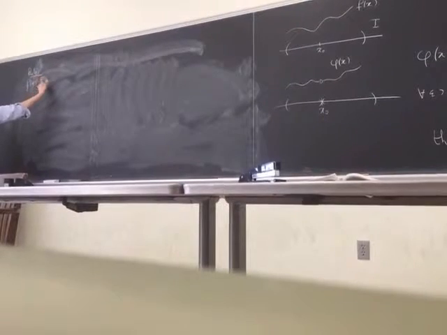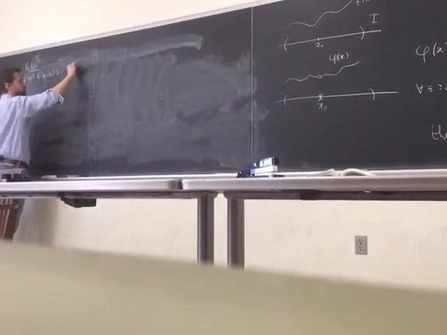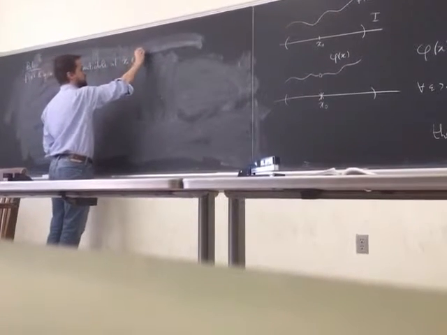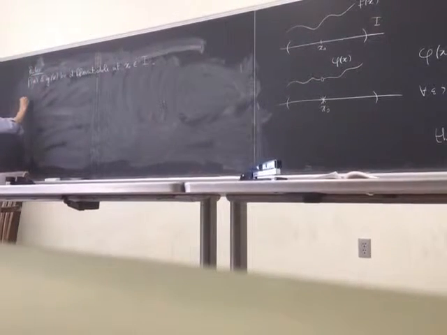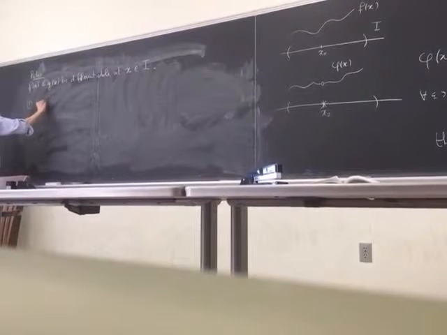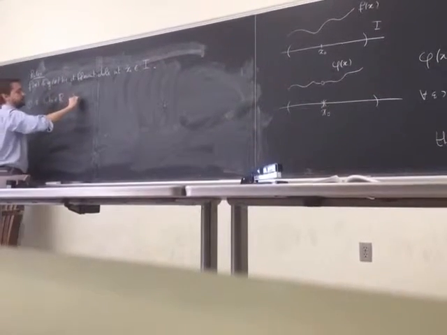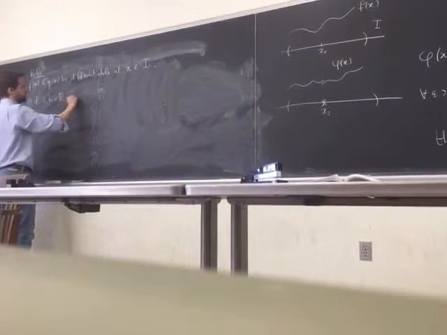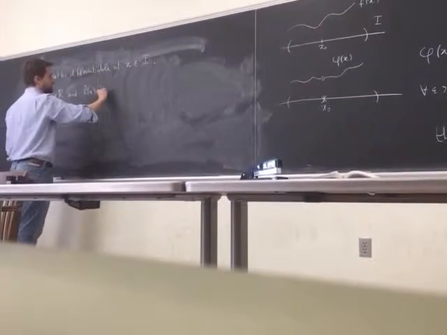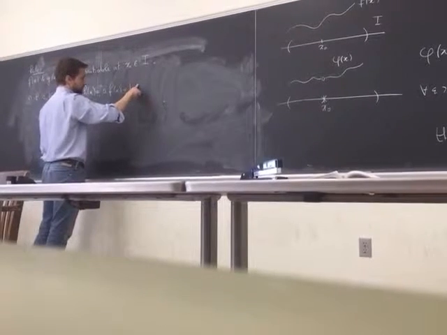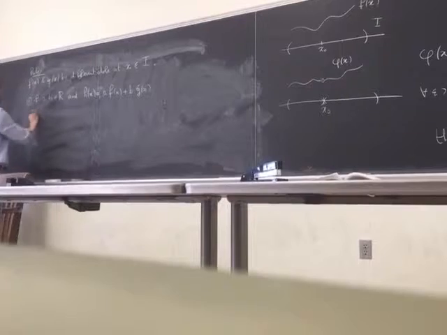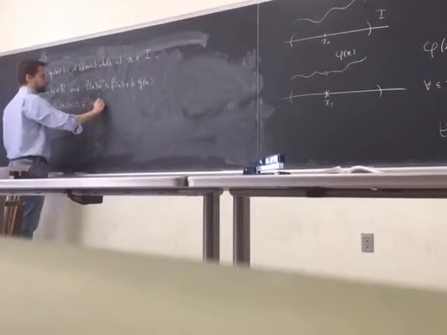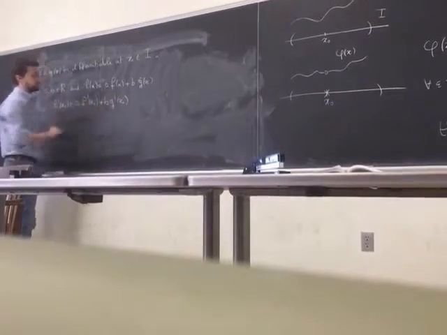Let f of x and g of x be differentiable at a point x naught inside some interval I. Okay, so rule number one: if A and B are real numbers, and you define a new function h of x by taking A times f of x plus B times g of x, then h prime at x naught is just A f prime at x naught plus B g prime at x naught.